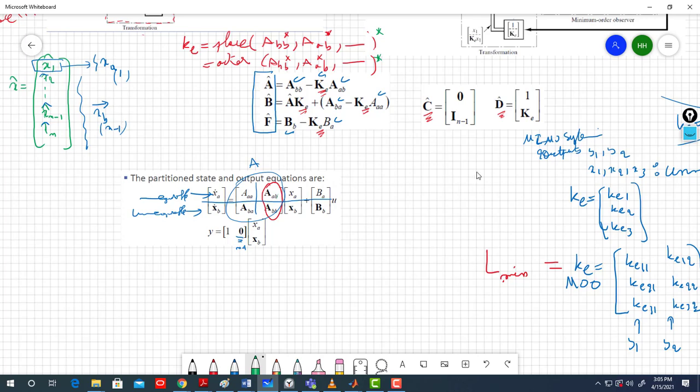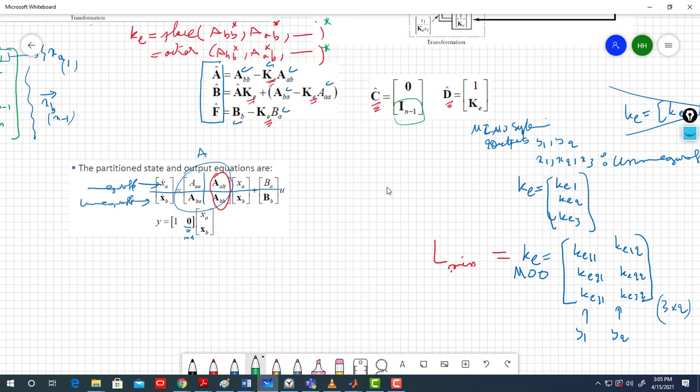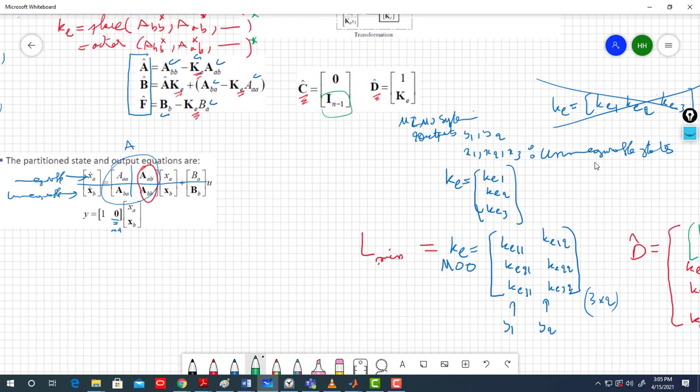So the n minus 1 here represents those. So assuming you have 3 unmeasurable states, as the case here, in this case C hat will be 3 by 3, so 1 1 1 0 0 0. So this is your identity matrix.